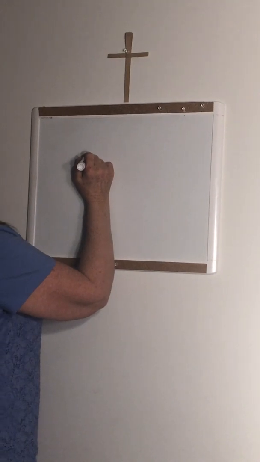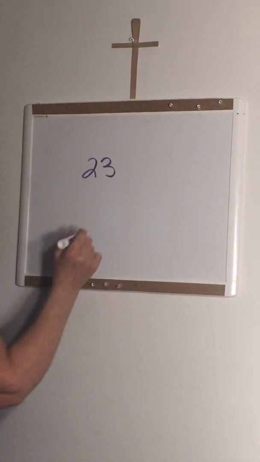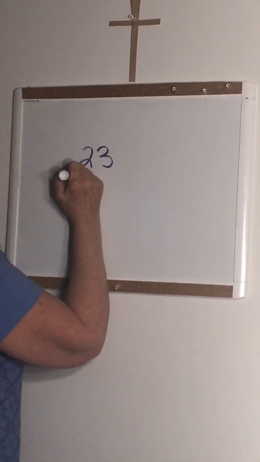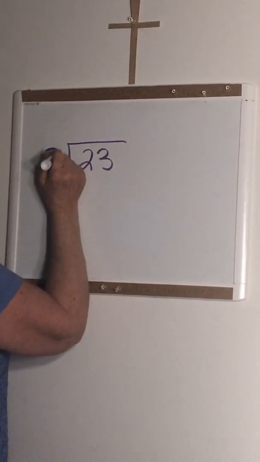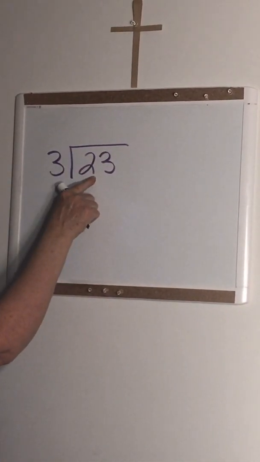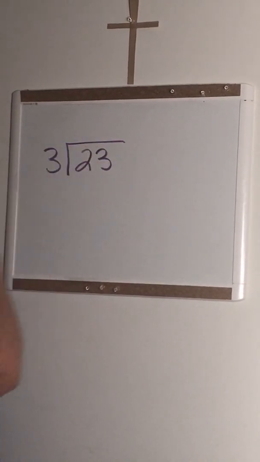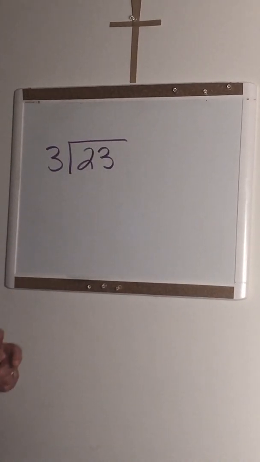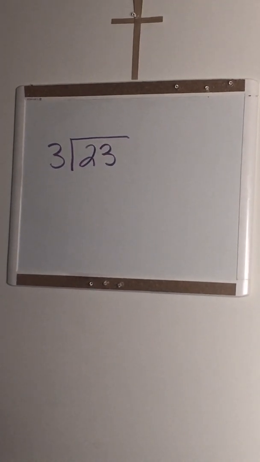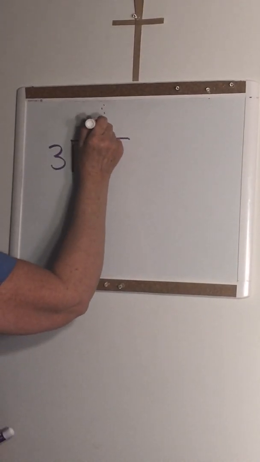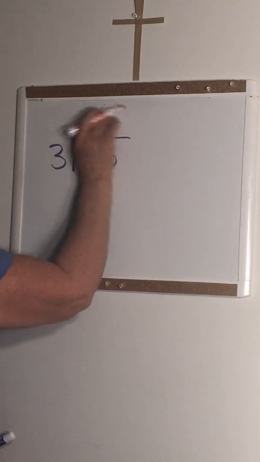This is the dividend, 23, divided by 3. Dividend, divisor. So we're trying to find the quotient, the answer. Okay? So, remember I'm going to make my little columns here. Make them straight.